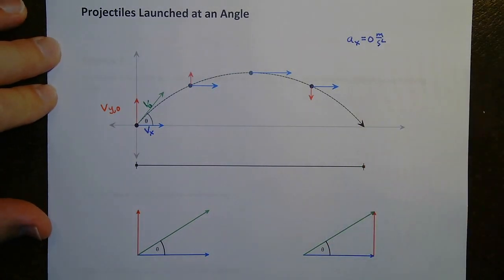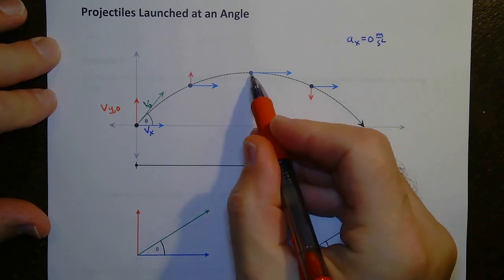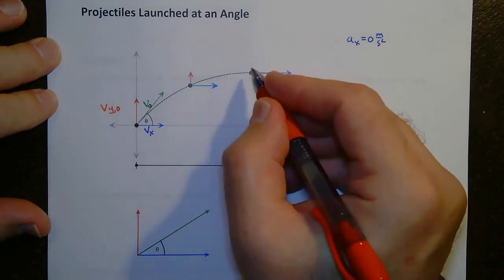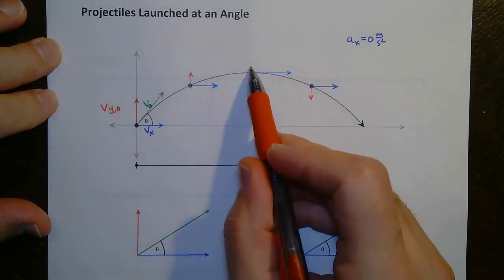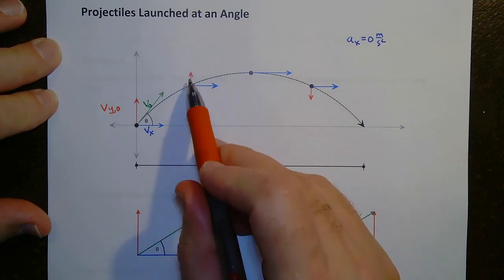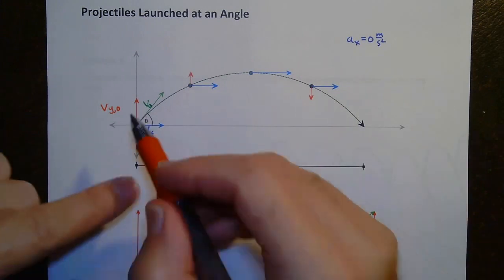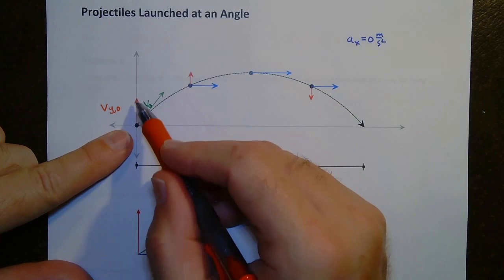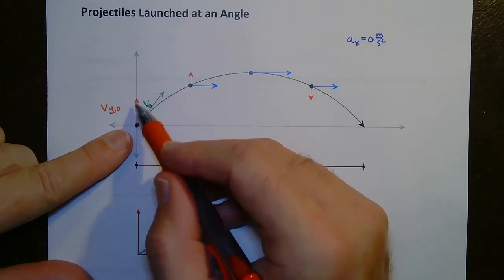So right at the top here, the vertical velocity is going to be 0. That's why you're not seeing a vertical piece right here. So what's happening is as we go up, the velocity vector was longer, and that shows the magnitude of it.